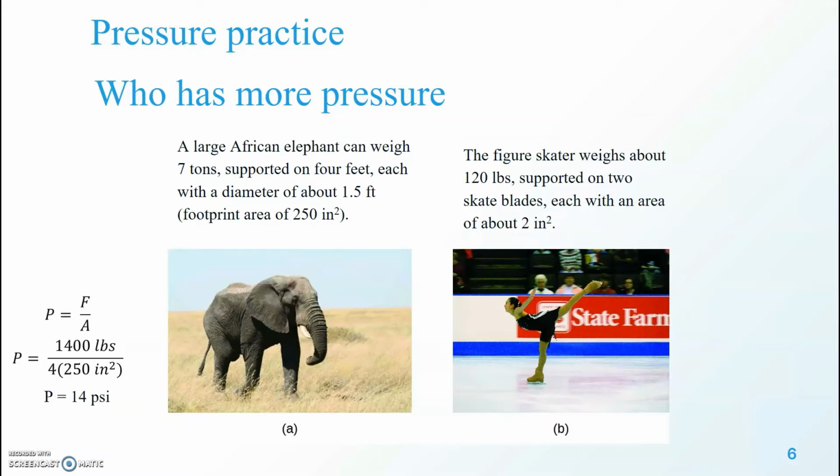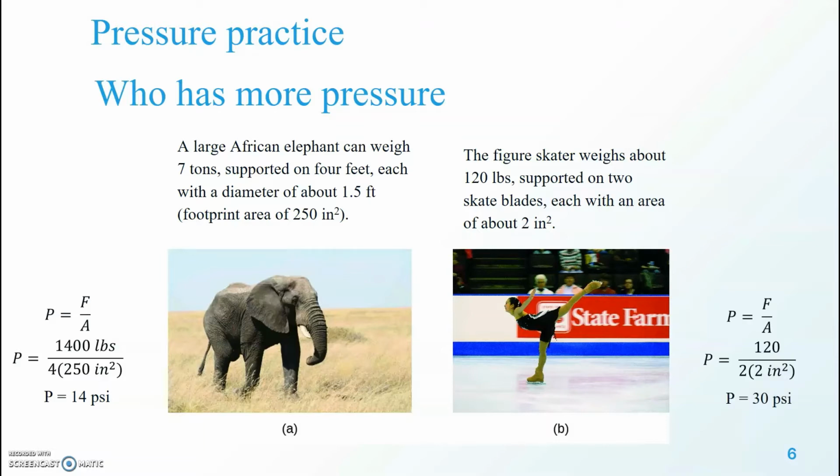Well, it is force divided by the area. The African elephant weighs about 7 tons, which is about 14,000 pounds, and its area is 250 square inches, but it has 4 feet, so we have to divide that by 4. That becomes a pressure of 14 psi.